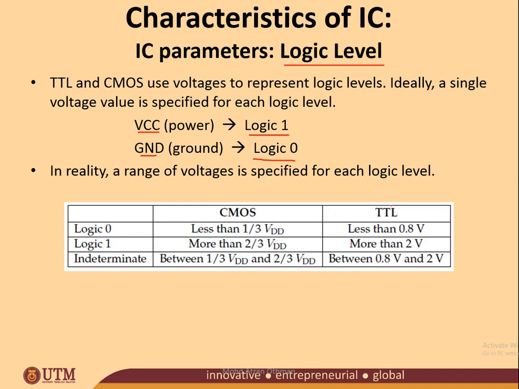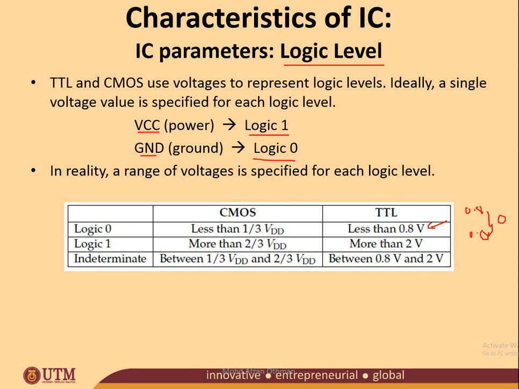For example, we go for TTL first. For the voltage to be accepted as a logic 0, it must be less than 0.8 volt. It means that it can be as high as 0.8, but it can be as low as 0.0, for example, to be regarded as logic 0, okay.